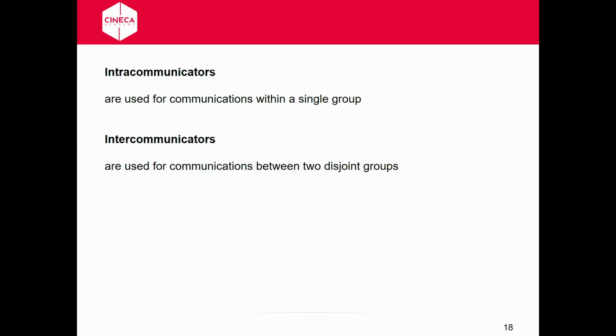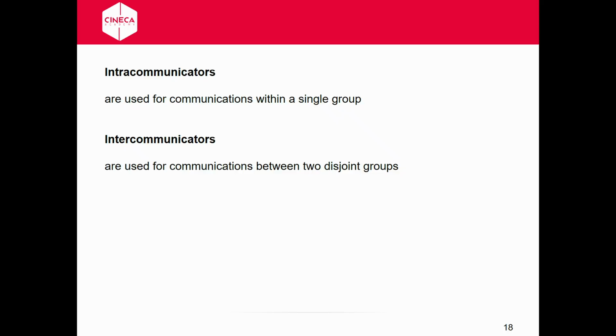Imagine having two communicators. Each communicator is associated with an index value for each of its processes.